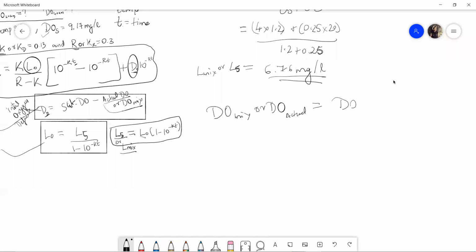We know the formula: DOS into QS plus DOE into QE divided by QS plus QE. So find out the concentration. DO is the concentration we are finding out here. So what is the answer? This time I'm not writing it down, just tell me the answer directly.